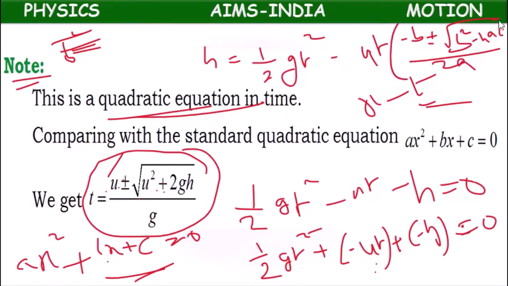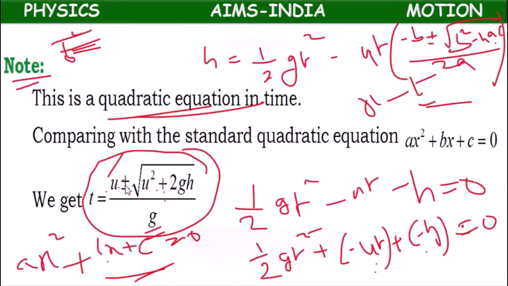This is the formula for roots. Minus 4ac: minus 4 into a, which is half g, into c, which is minus h. If you multiply, 2gh will come, by small g. Okay, like this we can find the time.